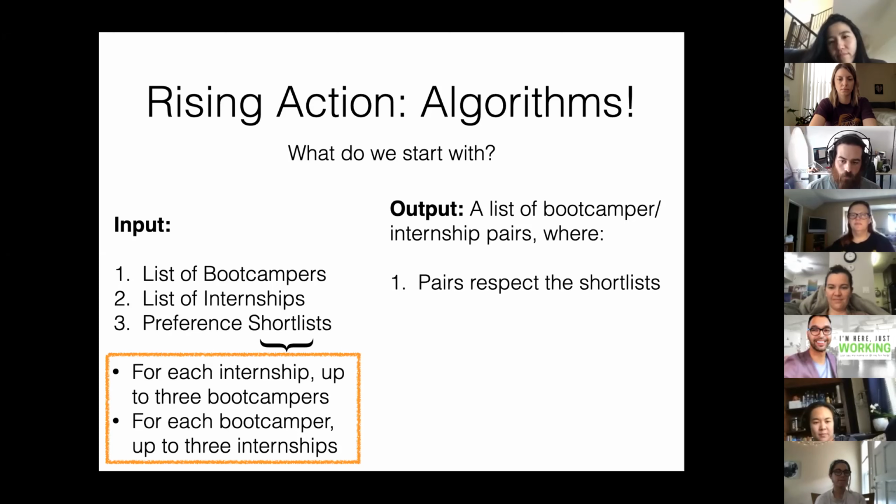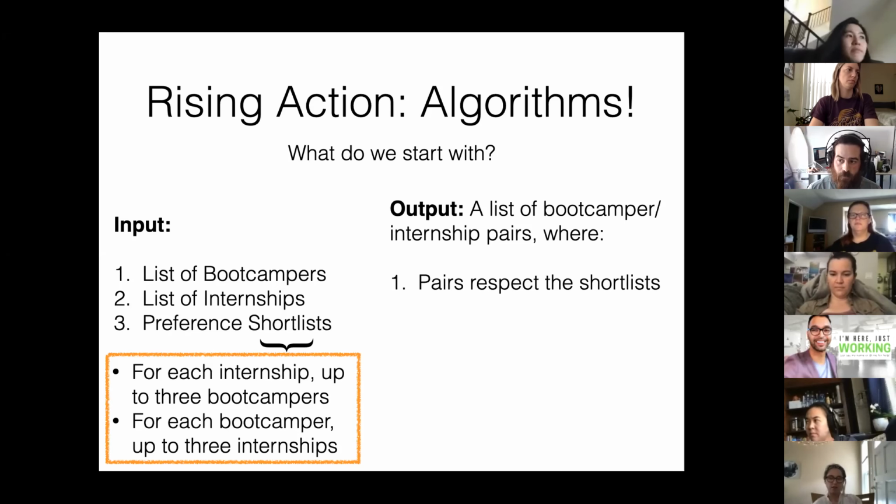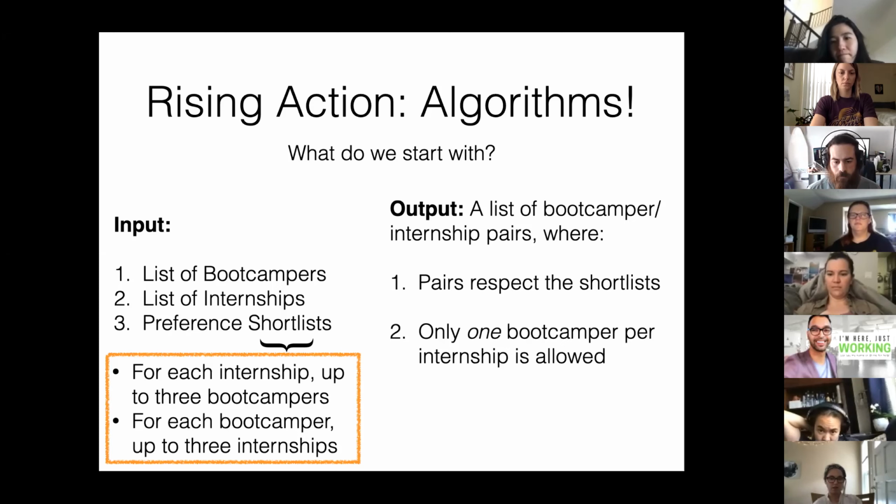So what we say is that the pairs have to respect the shortlist. We don't match boot campers with internships where both sides didn't agree. No, this is a good match. This is okay. And you can't put more than one boot camper in each internship, right? There's only so many slots for interns at a company.